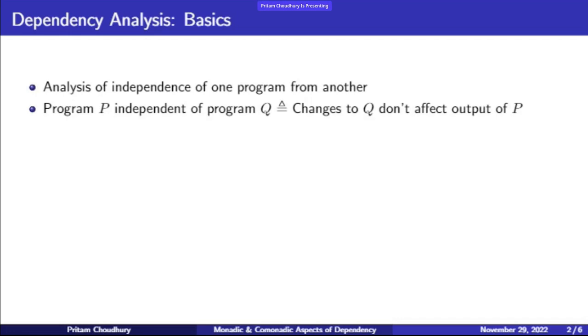So to understand this, let us look at a few examples. Next, I shall ask a few questions. We would have one program P and another program Q, and the question would be: is P independent of Q, assuming a call by name evaluation strategy.